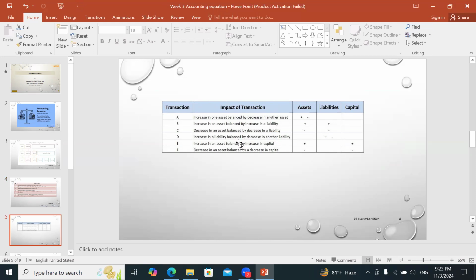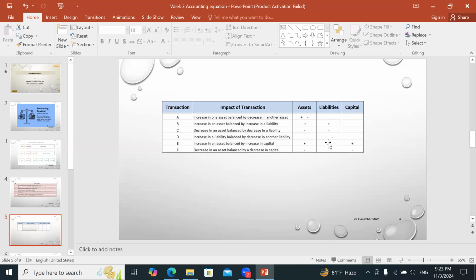When you pay another kind of liability, the creditor, that liability decreases. So one time increase and one time decrease, one side of the transaction decrease and increase.